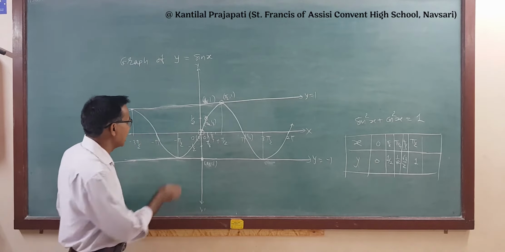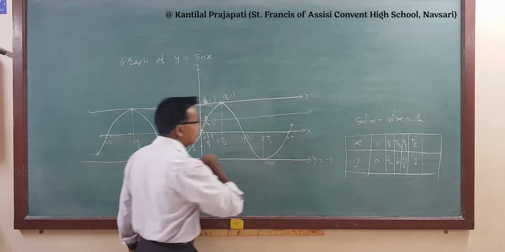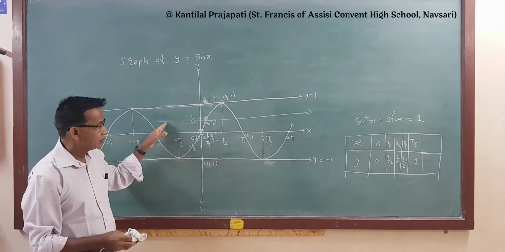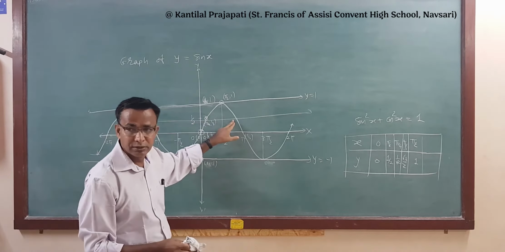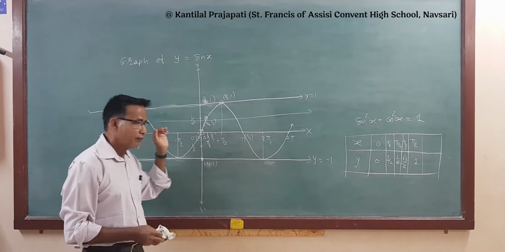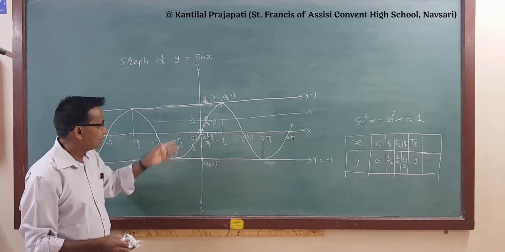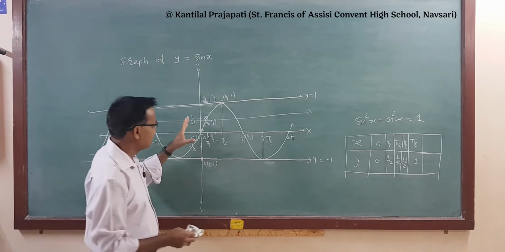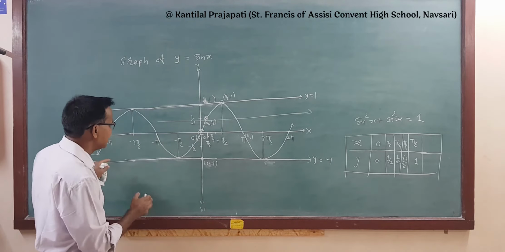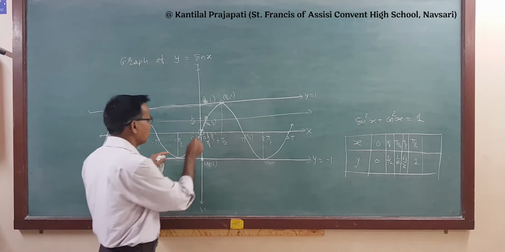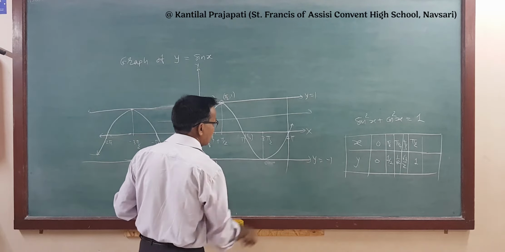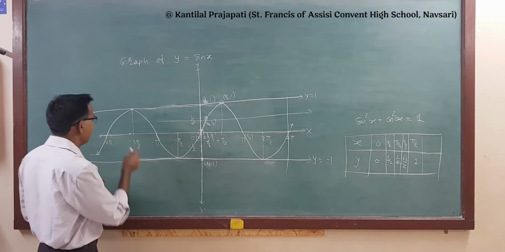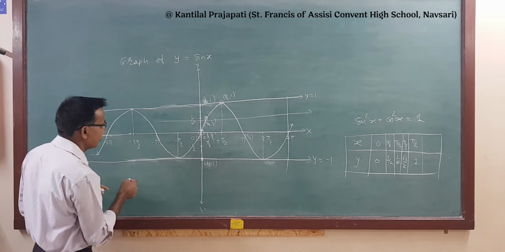A horizontal line parallel to the x axis intersects the graph in more than one point, and therefore it is a many-one function. Also, the shape of the graph is similar in the interval 0 to 2 pi. See here, the graph is repeated in 0 to 2 pi.